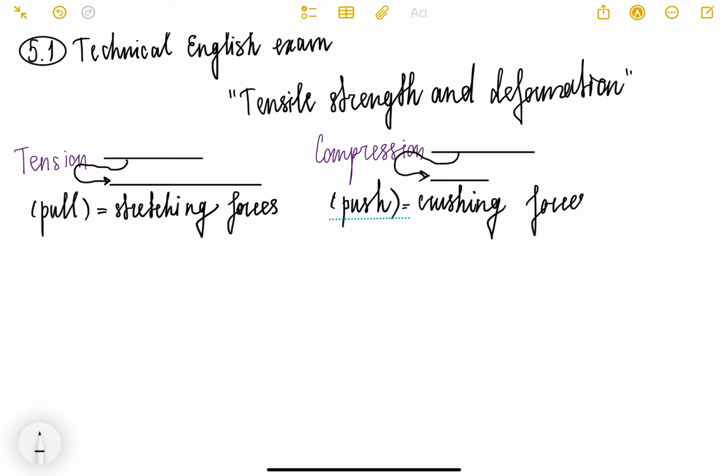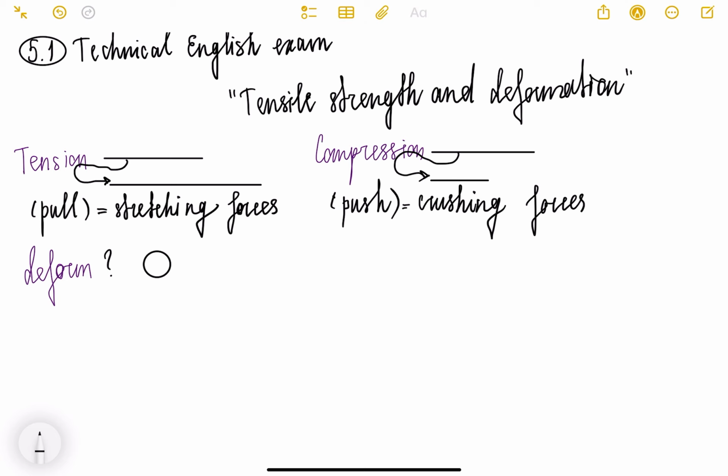Crushing forces. Also, there's a word, deform. What is deform? Let's think about clay. Okay, first of all, this is clay, okay? Clay.